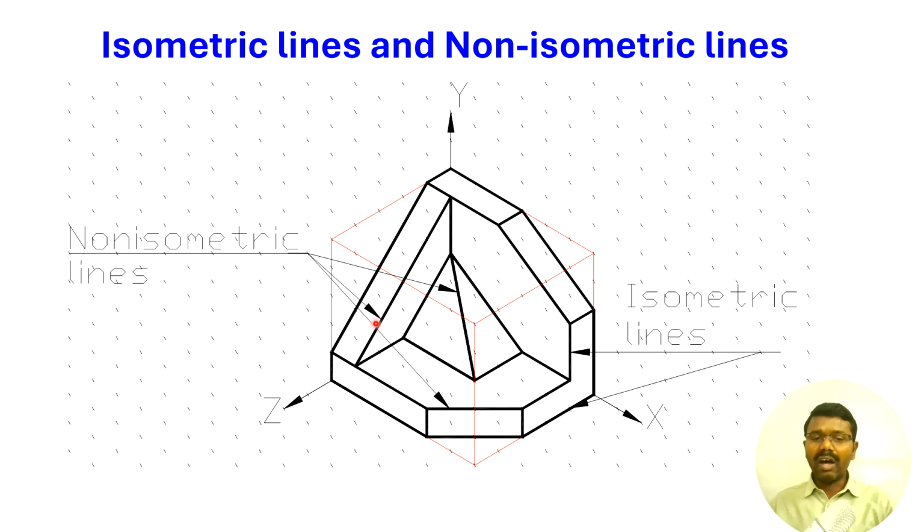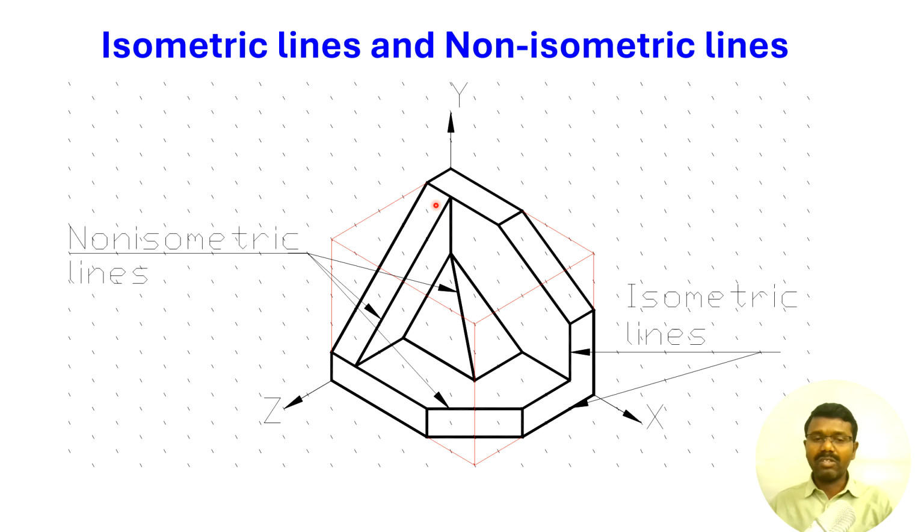And the other surfaces are inclined surfaces. The inclined surfaces are bounded by non-isometric lines. Sometimes it is a combination of isometric and non-isometric lines, but anyhow the non-isometric line must be there. And this is the inclined surface, bounded by a non-isometric line, and this is an isometric line.